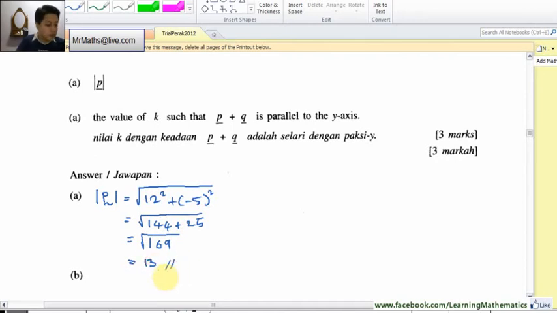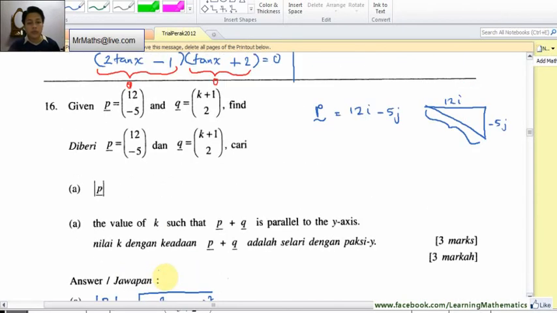So that's the answer. Question B. The value of k such that p plus q is parallel to the y-axis. Let's take a look at what is there. Okay, p is 12 minus 5 and q is k plus 1, 2. Let's go and write it down.